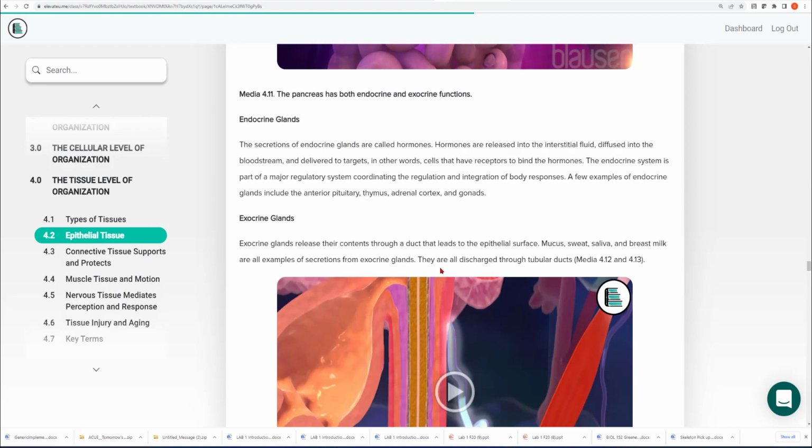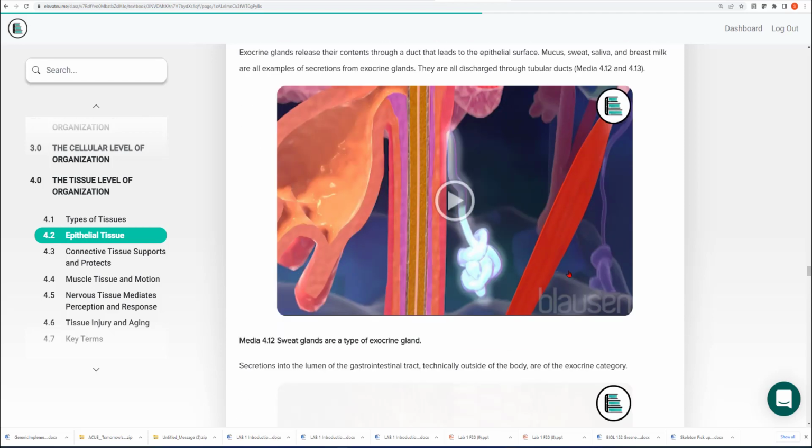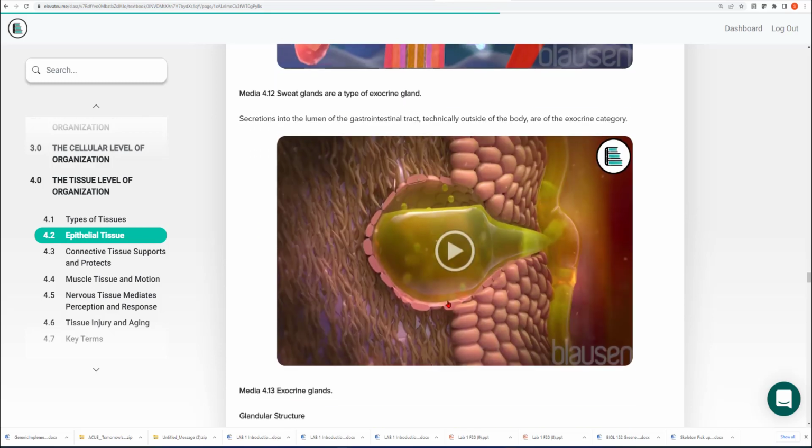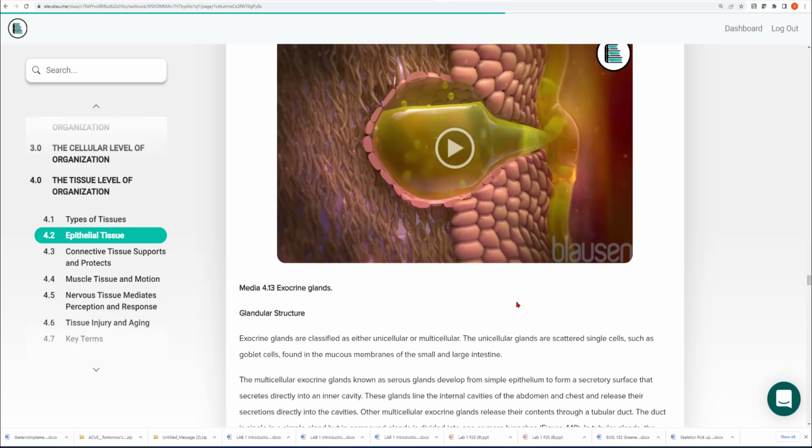They all discharge their products through a tube, and that tube then directs those products out of the body or to an epithelial surface. So this video talks about sweat glands as an exocrine gland, and then here another example within the body, another exocrine gland. So make sure again that you're watching these videos.